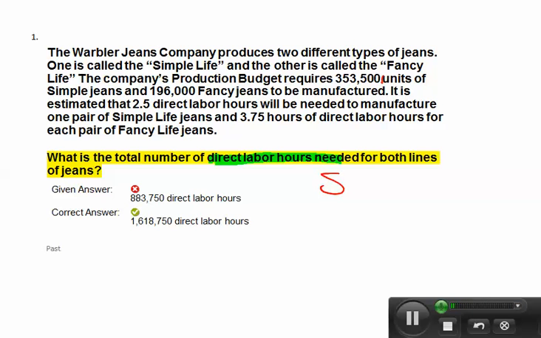The budget requires 353,500 for Simple, and Simple needs 2.5 hours for each one.